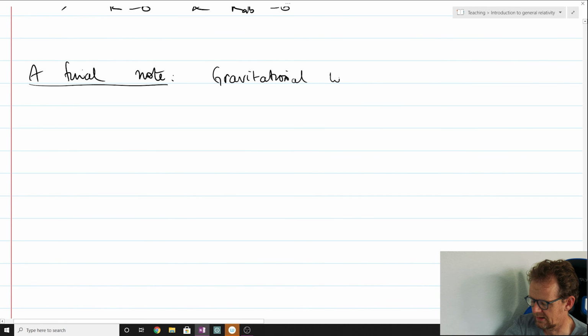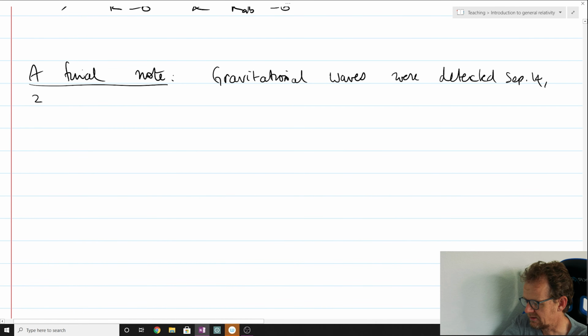One of the most dramatic discoveries of modern times was the detection of gravitational wave radiation emitted from a binary inspiral black hole merger. The data was analyzed in Hanover, in Germany, in 2015, via laser interferometer.